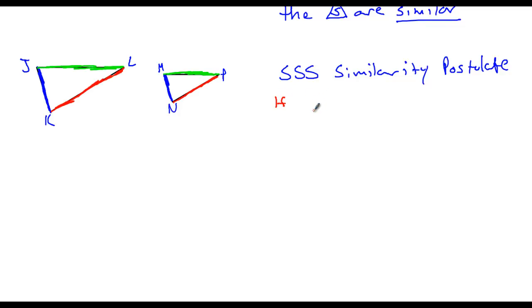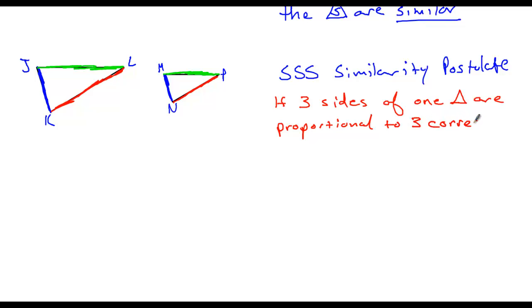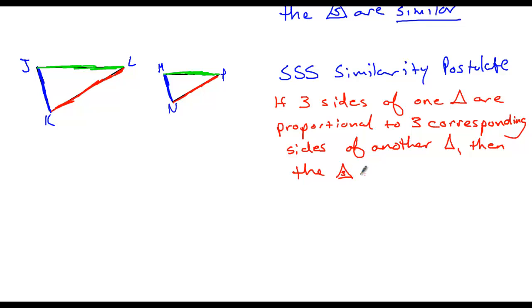If three sides of one triangle are proportional to three corresponding sides of another triangle, then the triangles are what?